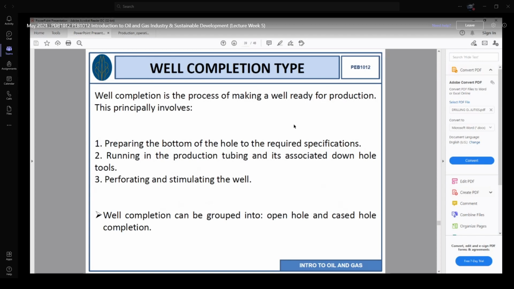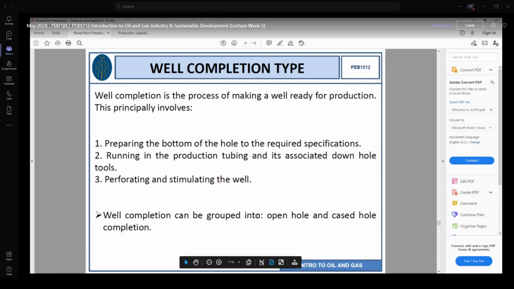What we need to do in this completion: first we need to prepare the bottom of the wellbore for the required specifications. Then we run the production tubing in it, right? Then we perforate it and stimulate the formation of the wells, and finally the completion is ready to produce.